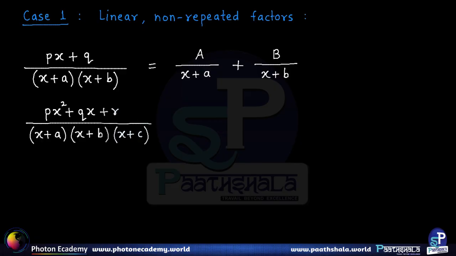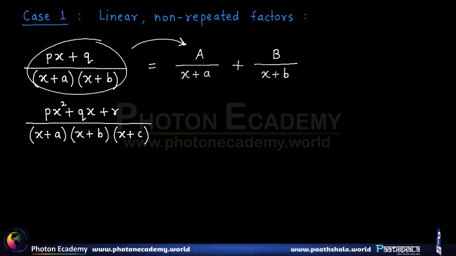So there must be some capital A and some capital B in the numerators that we have to decide. If we can write the given function in this form, then the right hand side is very easy to integrate because those are simple standard integrals, right?